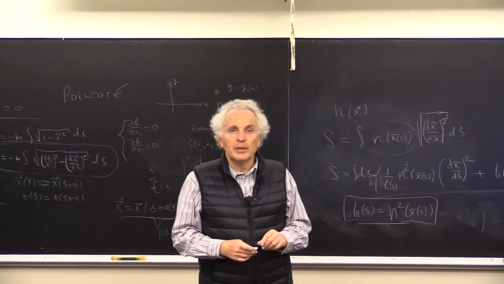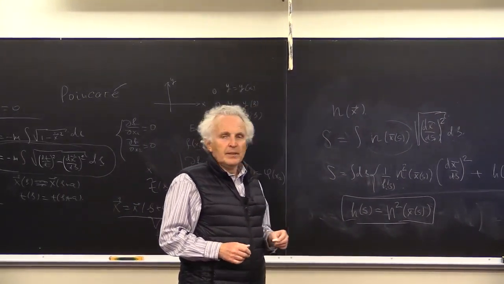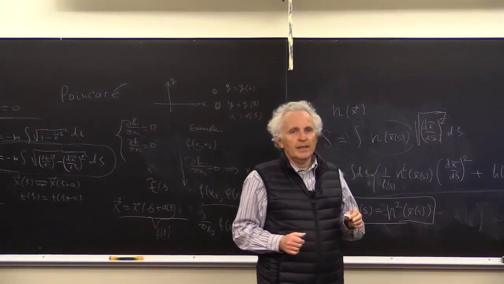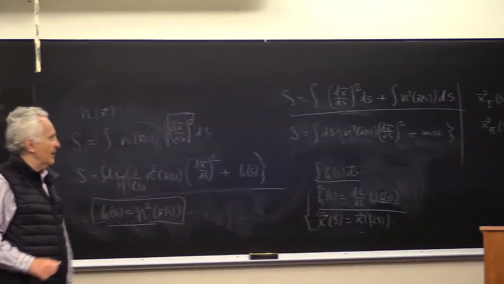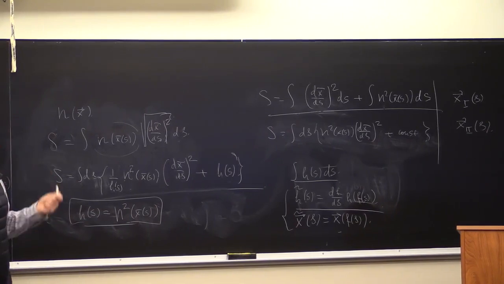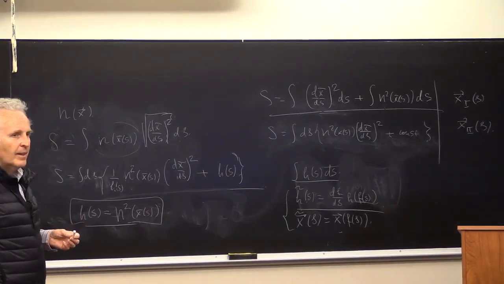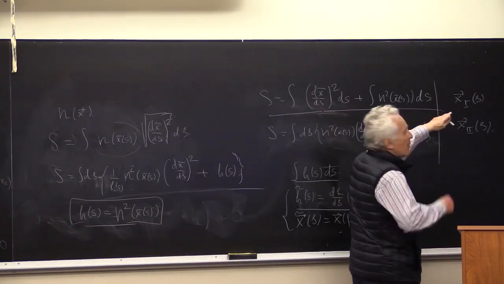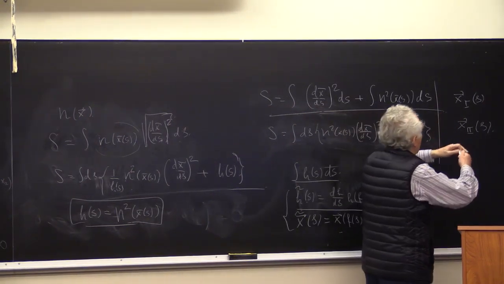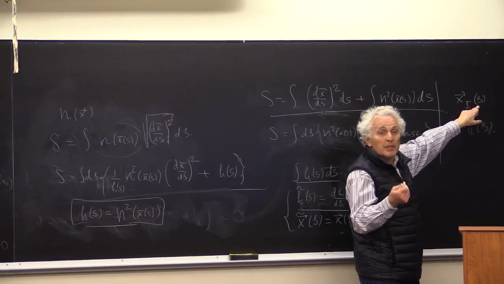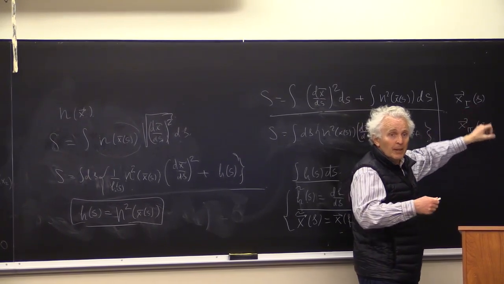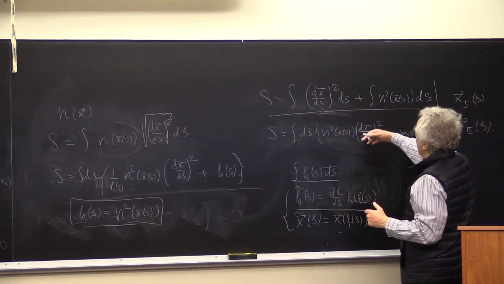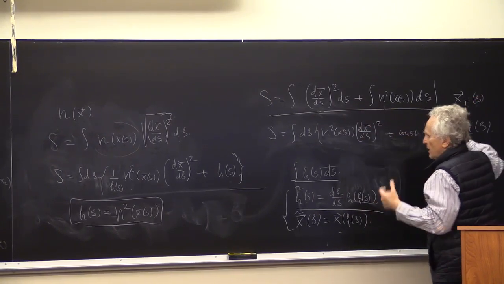I'm asking you a question: how will they be related, what do you think? Why am I saying that they describe the same physics? It's because they will describe the same curve. They will be just two different parameterizations of the same curve. That's the key point, that parameterizations don't have to coincide.